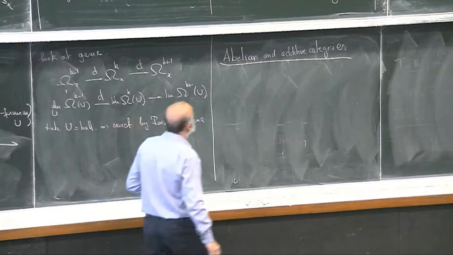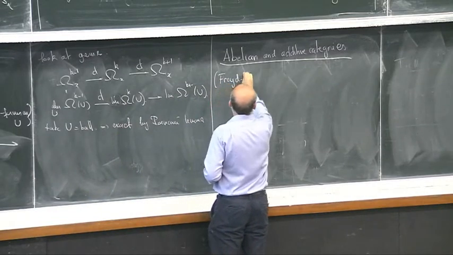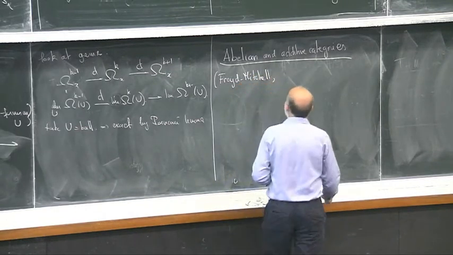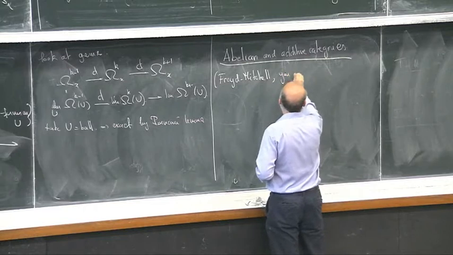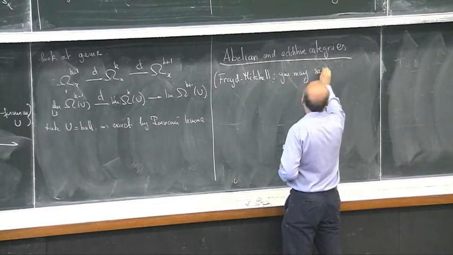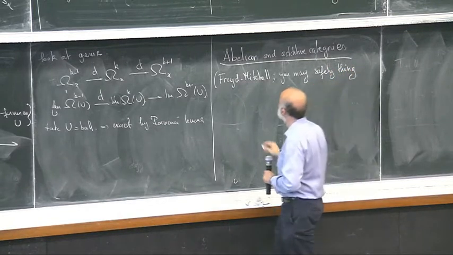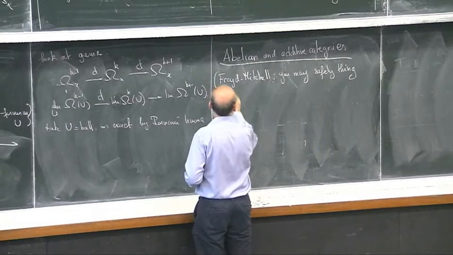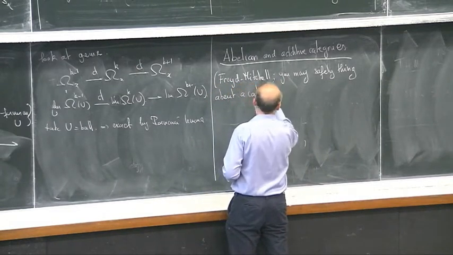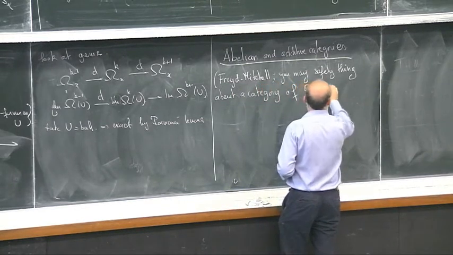The good news is that there's a theorem due to Freyd and Mitchell, quite old, which says that you may safely think about a category of R-modules for some ring R.